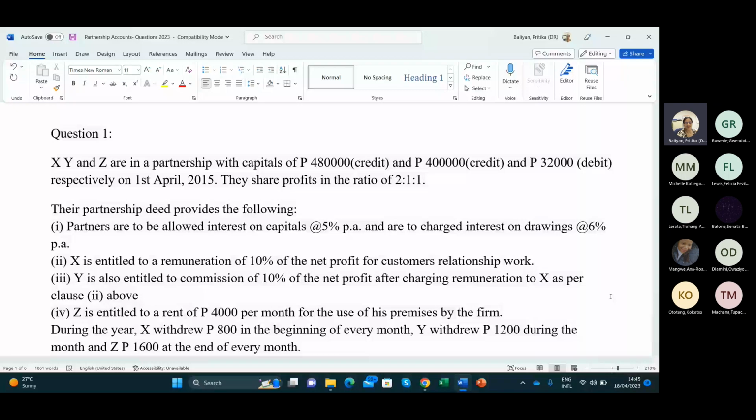So 1,600 times 11, the total withdrawn amount is 17,600. On that, he will pay the interest at 6%. So the amount of interest will be how much? 1,056. Yes, 1,056. So we subtract 1,056.